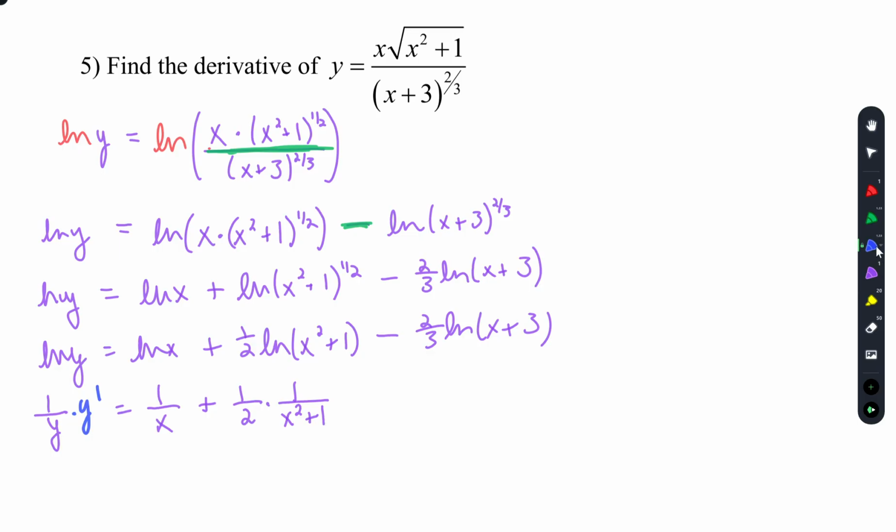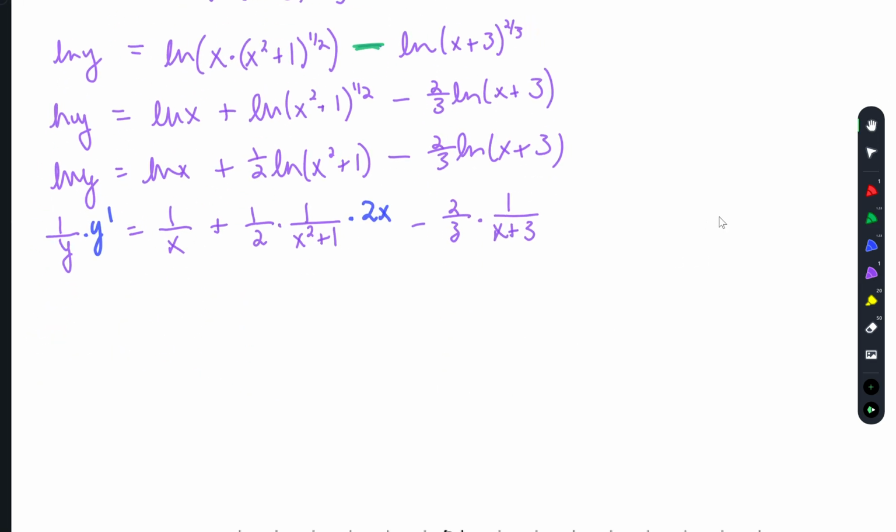But then don't forget that you have to chain it, so don't forget that 2x on there. That's usually what people mess up, is they forget the chain on it. And then same with this one, we get 2/3 times 1 over x plus 3. That one doesn't have a chain. Well, it does, but it's 1, so whatever.